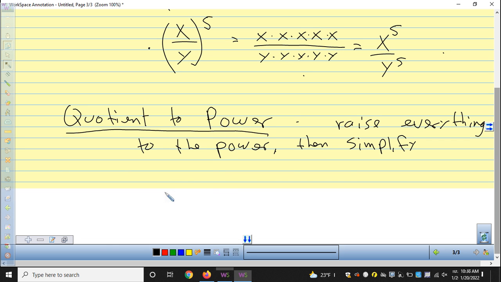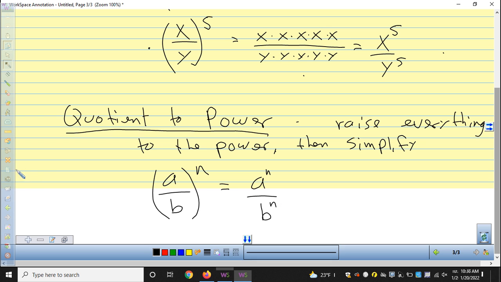And in symbols, this would be a over b to the n equals a to the n over b to the n. We just raise everything there to the nth power. All right, so we're good with our rule.